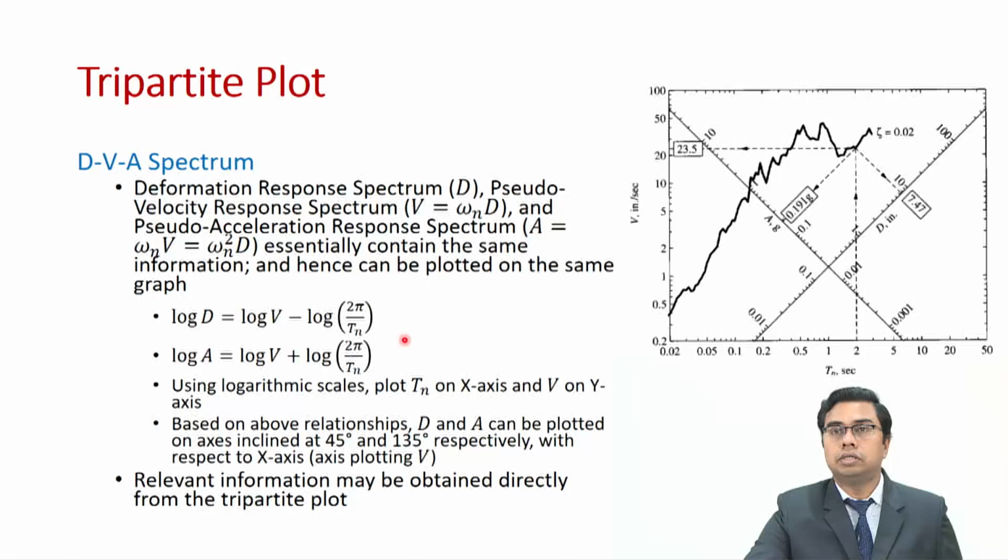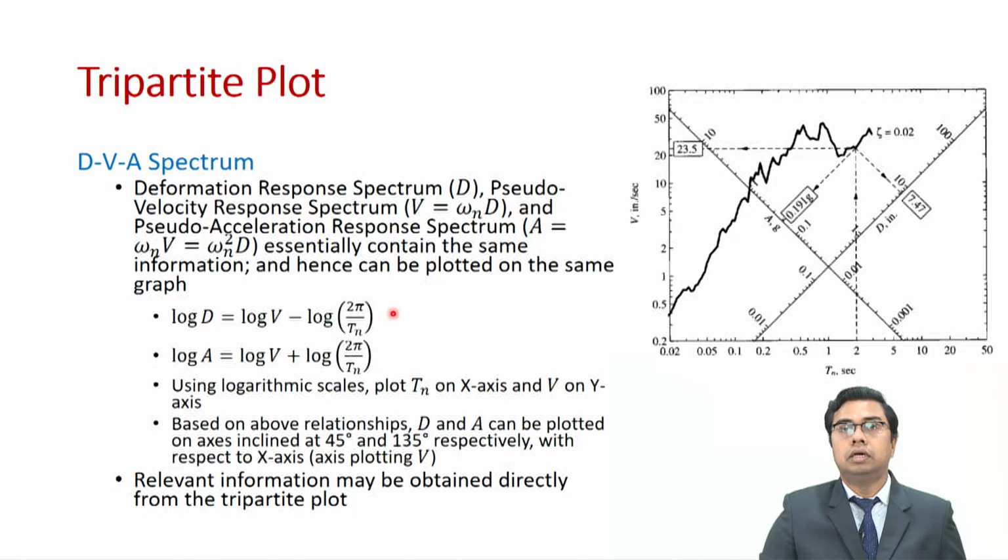Once you have these equations, it can be deduced that we can plot each of these three quantities d, v and a on the same graph, with the axes of d and a inclined at 45 degrees and 135 degrees respectively, while the axis for pseudo velocity, that is v, is on the vertical axis.